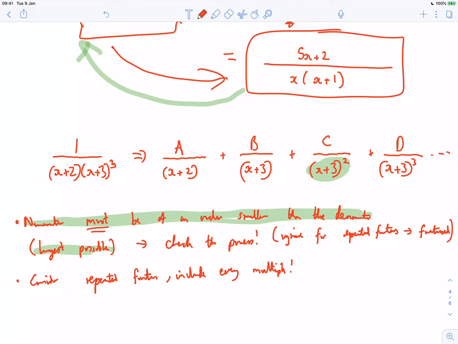The whole point is if it's repeated factors like x plus 3 cubed, then that technically has been factorized.